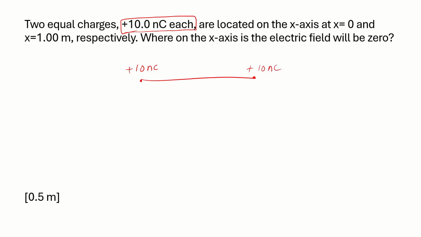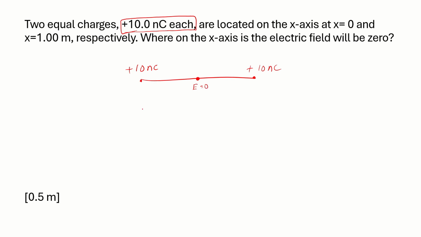So there is no strong and no weak. They are equal, so both are like charges. When both are like charges, where is the zero electric field point? It is between them. When they are equal in magnitude, the point is exactly in the middle.